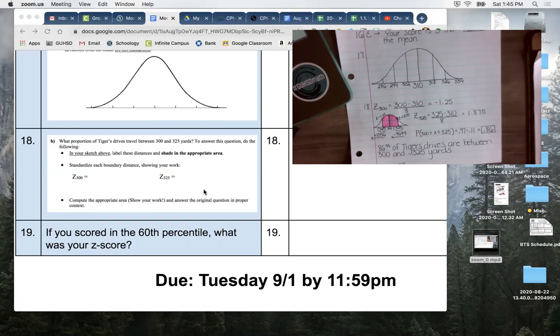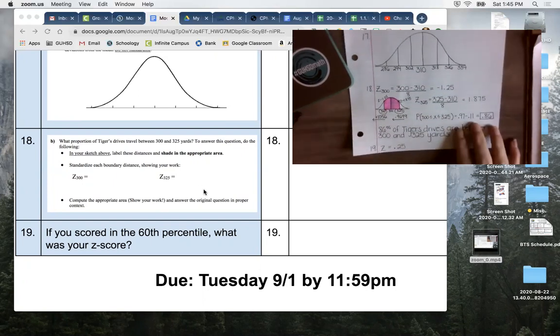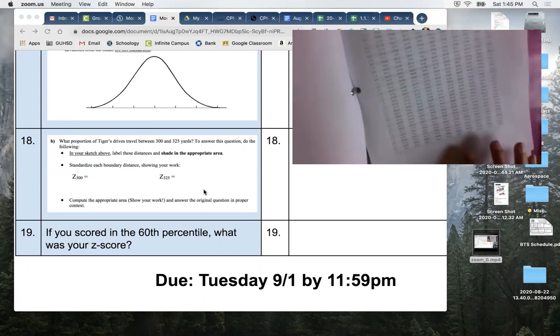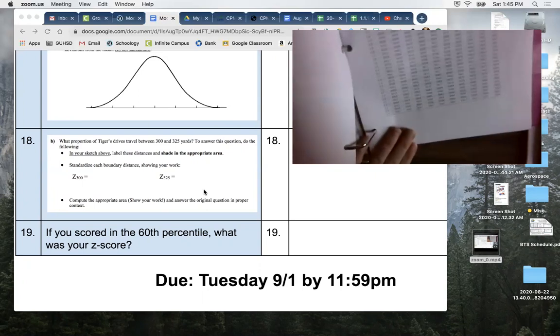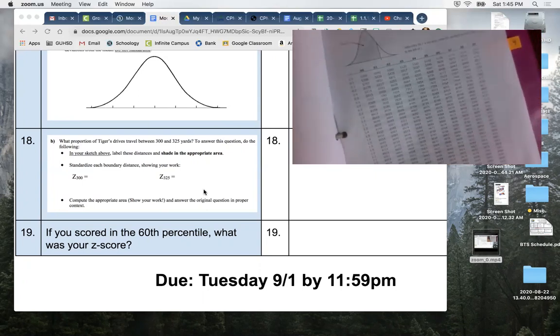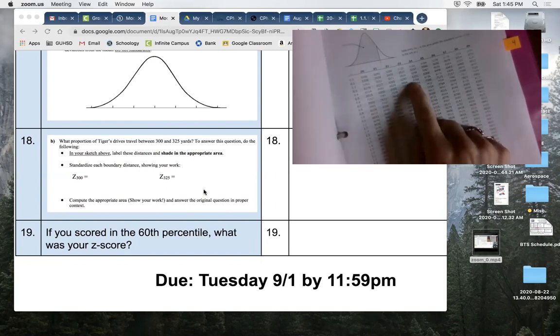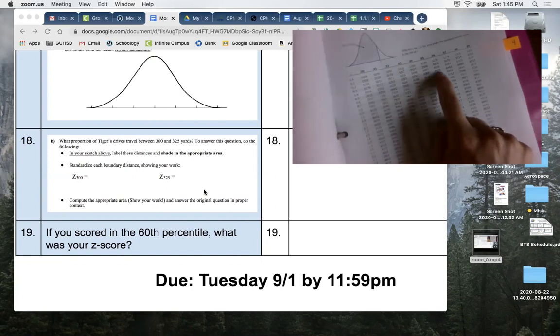I now go on to 19. 19 is the same as a bonus question that we had yesterday. So yesterday I asked the bonus question of, what about if I scored in the 90th percentile? Well, this one is similar. This is, what if I scored in the 60th percentile? So I take out my table, and in this one, it means I'm looking up 60% in the body of the table. So when I look up on the positive side, here's 50%. My 60% is in here somewhere.